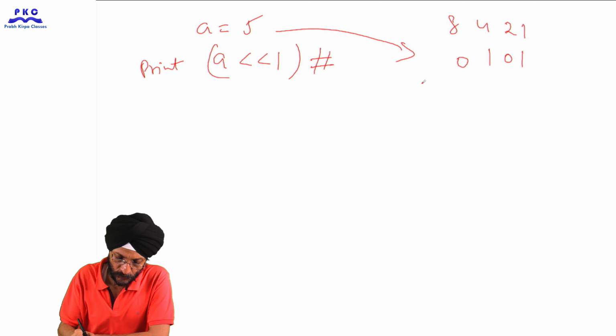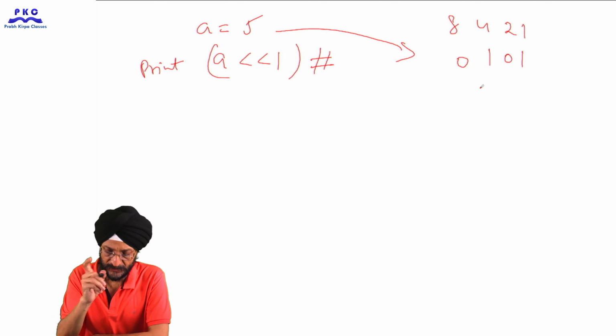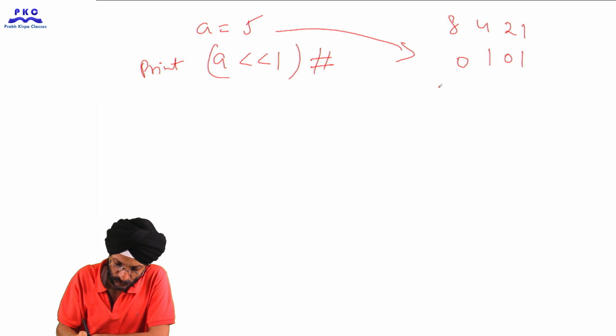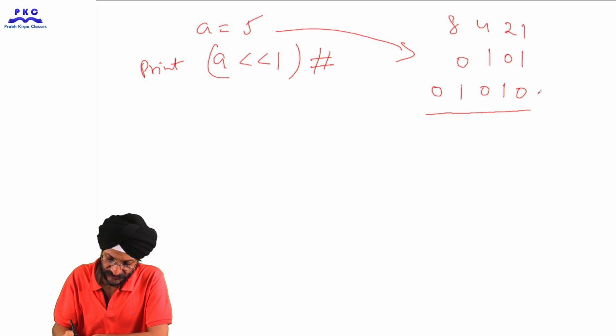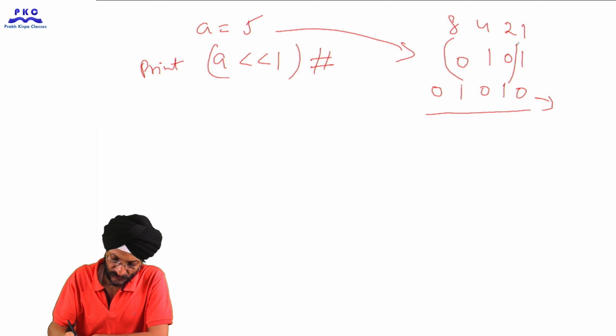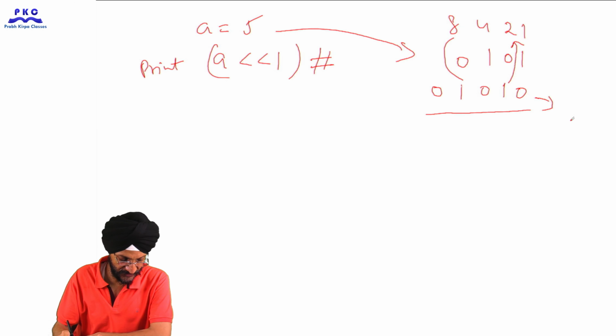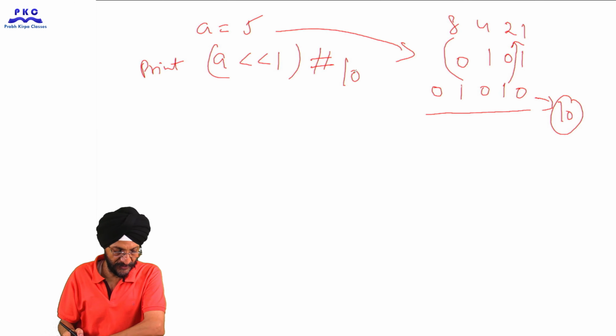Now we are to shift it by only 1. So it will become 0, 1, 0, 1, 0. Now what is the output which we will get? 8 plus 2, so what is the result? 10. So the output will be 10.